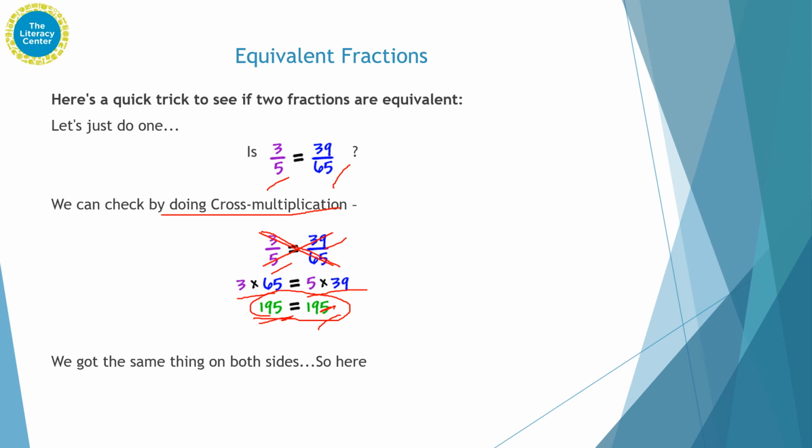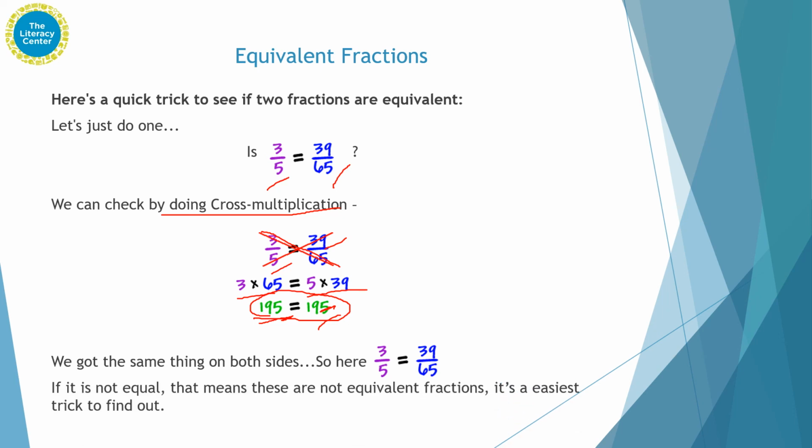If we get the same thing on both sides, these are equal or equivalent fractions. But if these numbers are not equal, that means these are not equivalent fractions. And this is the easiest trick to find out. All you need to do is cross multiplication.